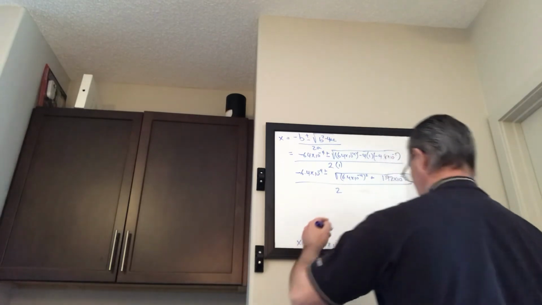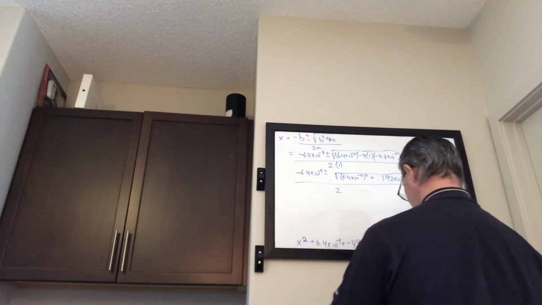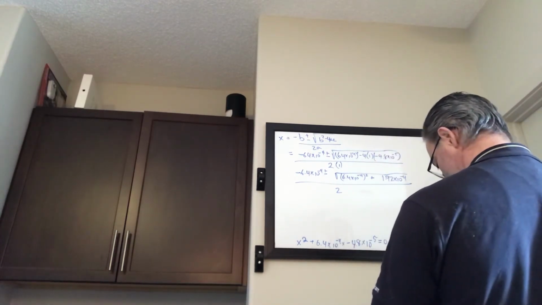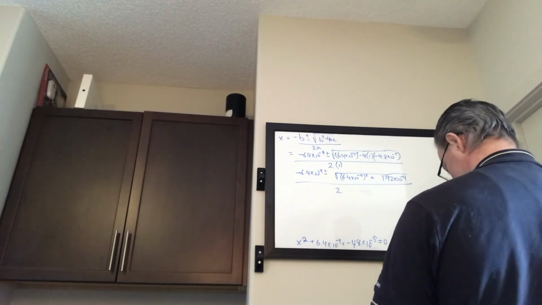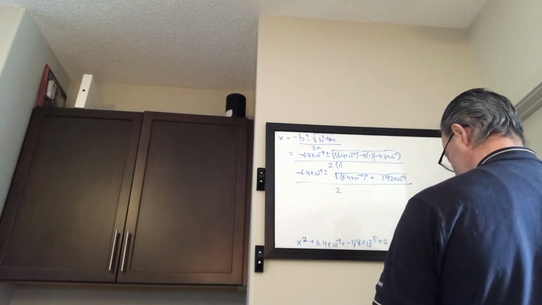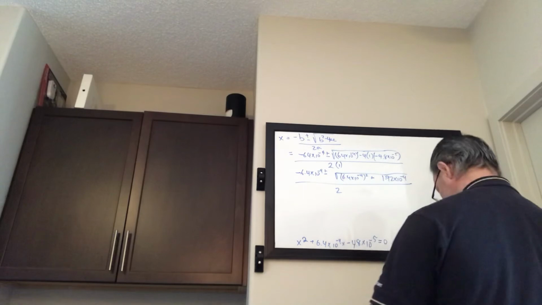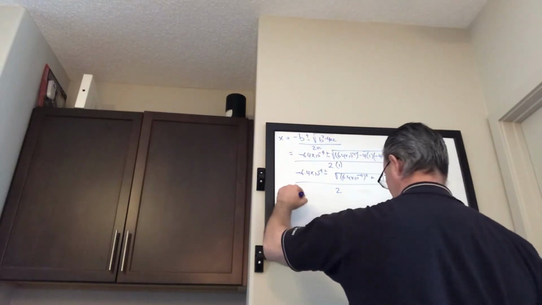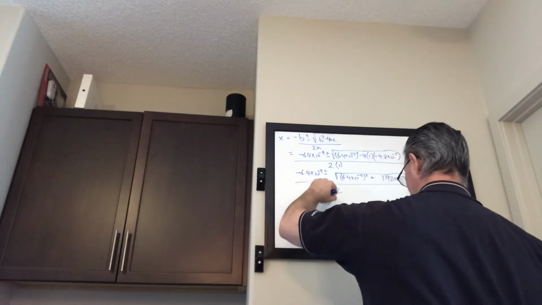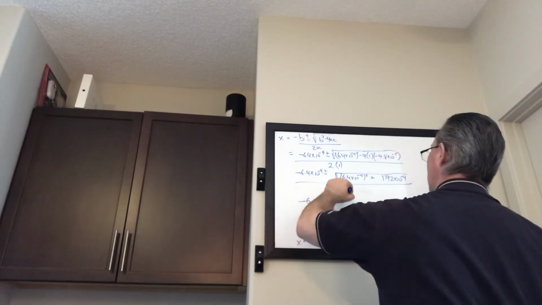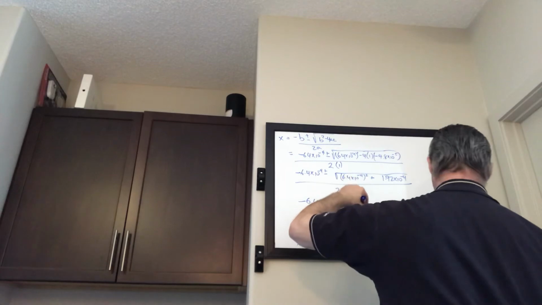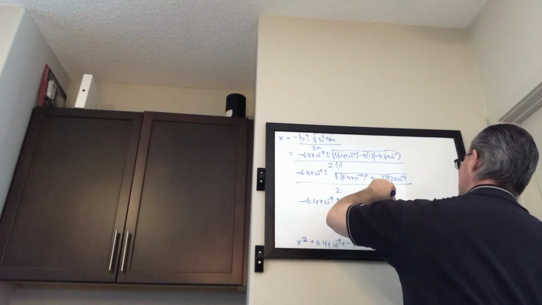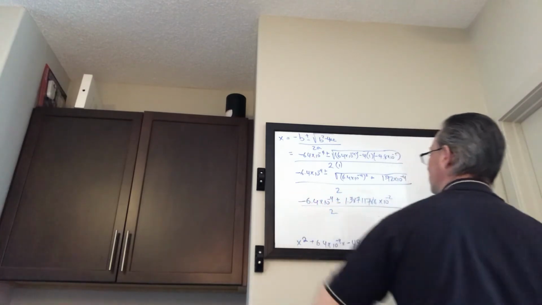All right, so you get 4.096 times 10 to the minus 7 plus 1.92 exponent negative 4 gives you that. So you take the square root of that and you get this. Okay, so negative 6.4 times 10 to the negative 4 plus or minus 1.38711788 times 10 to the negative 2, all over 2.